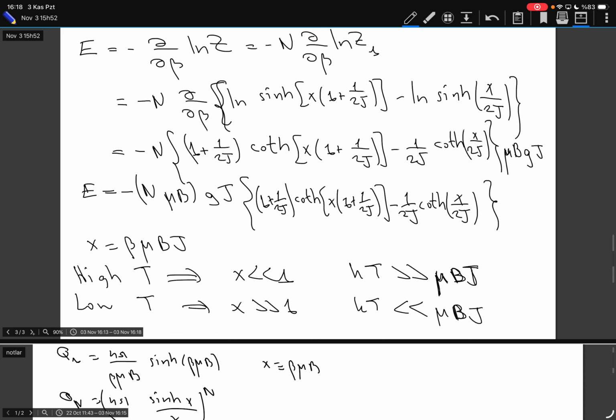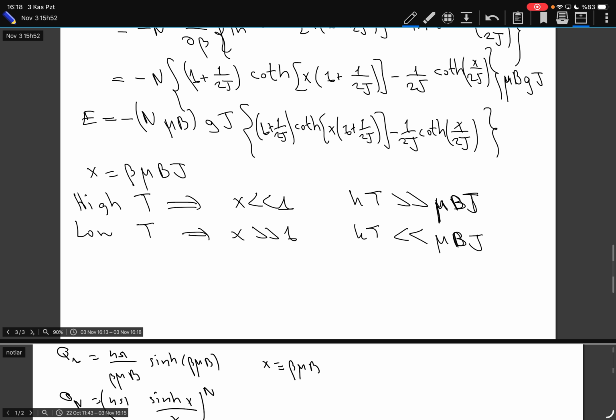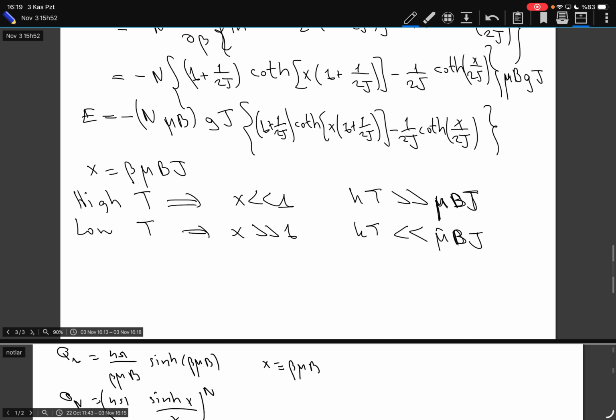Remember here, mu times J is the magnitude of the magnetic moment of this system. If you would look up in your notes or in your book and compare it with the classical result we studied, you see there, if you identify mu times J with the classical magnetic moment with different orientation, that is what we should also do over here.